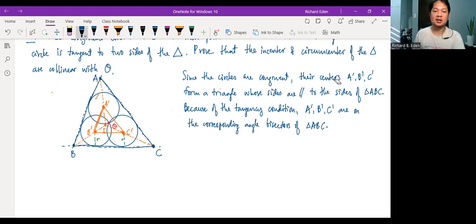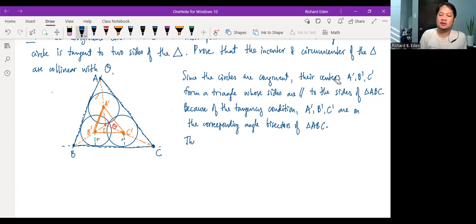So that means A prime, I are collinear, B prime, I, and C prime, I. The fact that triangle A prime, B prime, C prime has sides parallel to ABC means it is the image of a homothety based on ABC, and the center would be where the lines AA prime, BB prime, CC prime intersect. So the in center I is the center of the homothety.